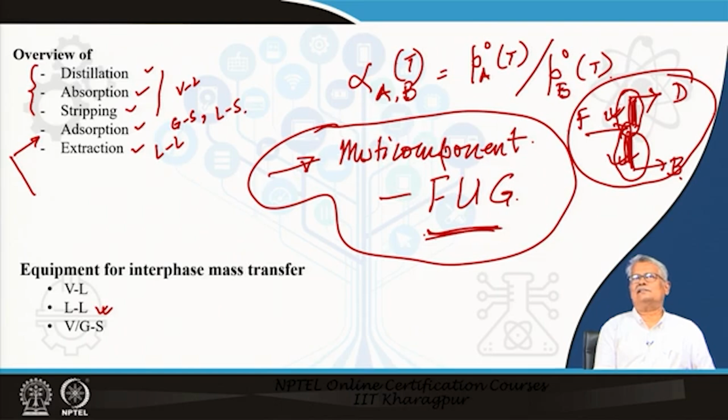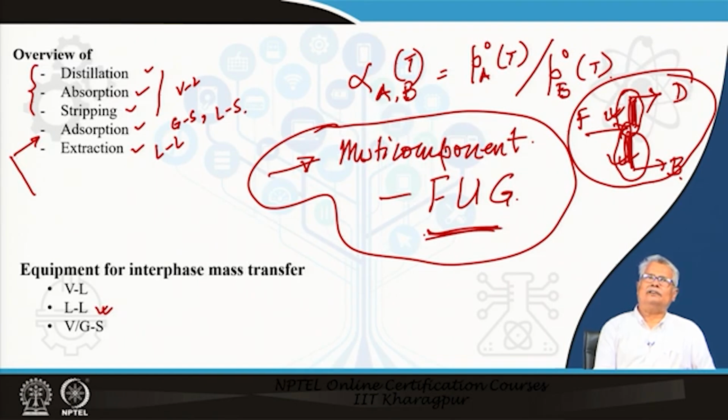So, aromatic extraction by liquid contacting of the liquid solvent as well as a liquid feed is already established. If you go to any refinery which produces lubricating oil, you will definitely find one extraction column, most probably using a rotating disc contactor, which is removing the aromatics from the lubricating oil base stock.